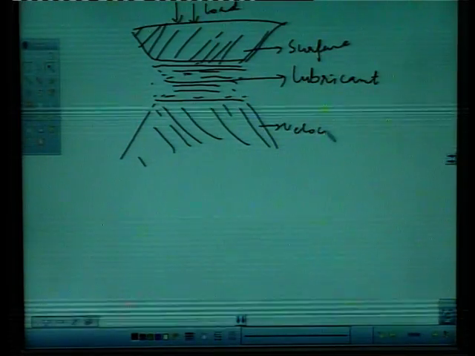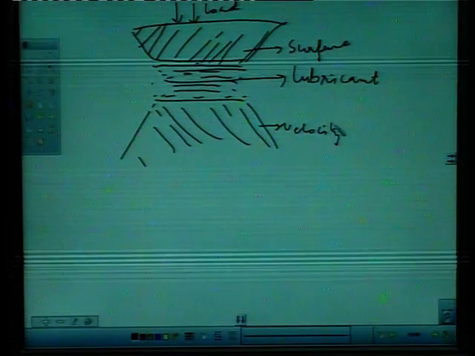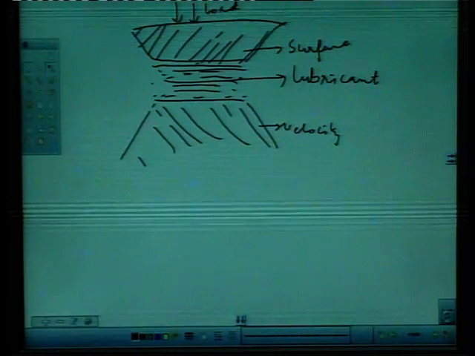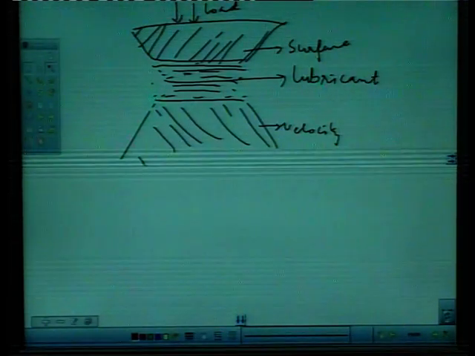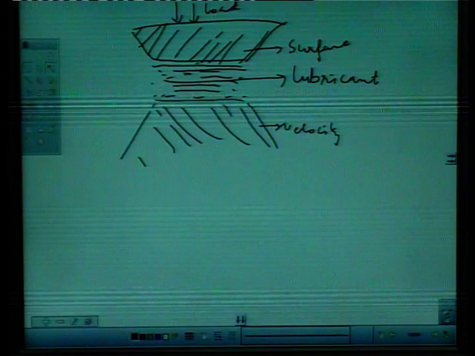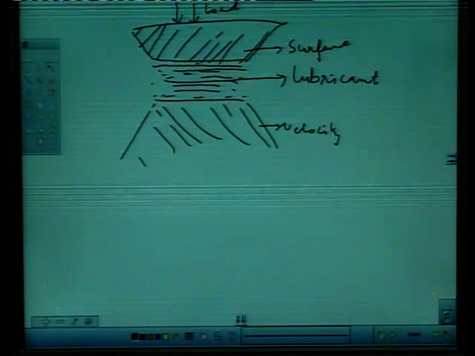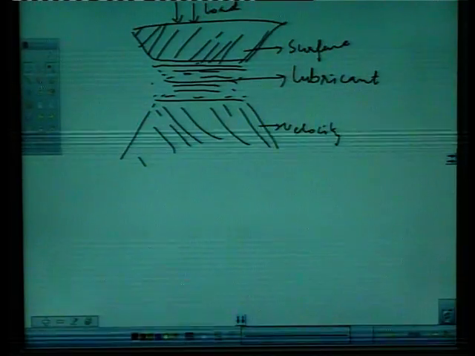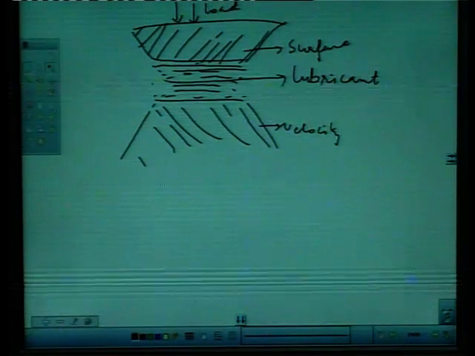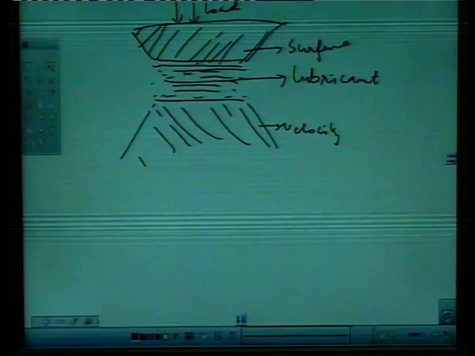You can see the load and velocity. These two surfaces are moving against each other, and a layer of viscous lubricant is inserted in between them. It is thick layer lubrication.